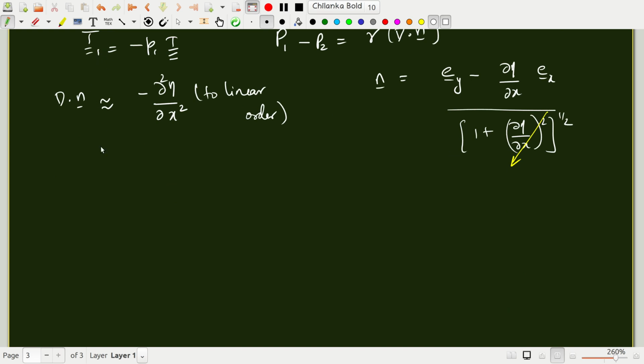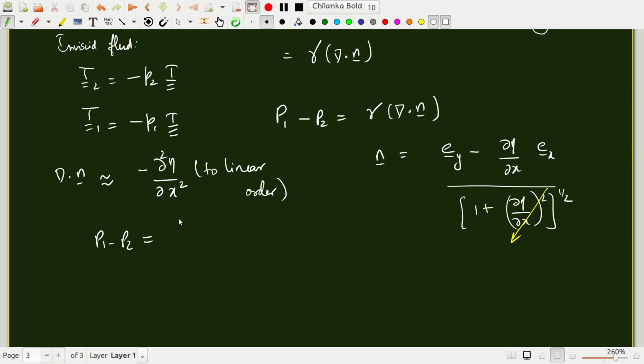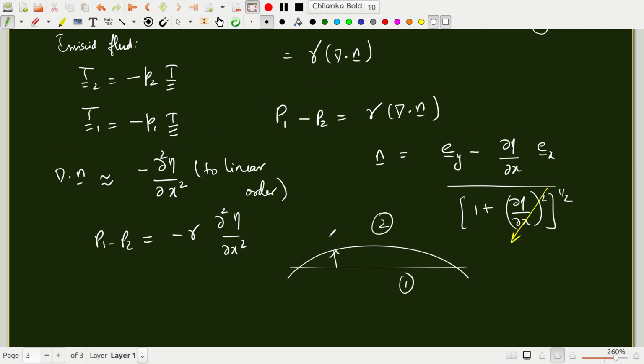So now P1 minus P2 therefore, from this expression here, is minus gamma partial squared eta by partial x squared. Now note that this is the flat interface, this is the curved interface, this is 1, this is 2, this is eta.